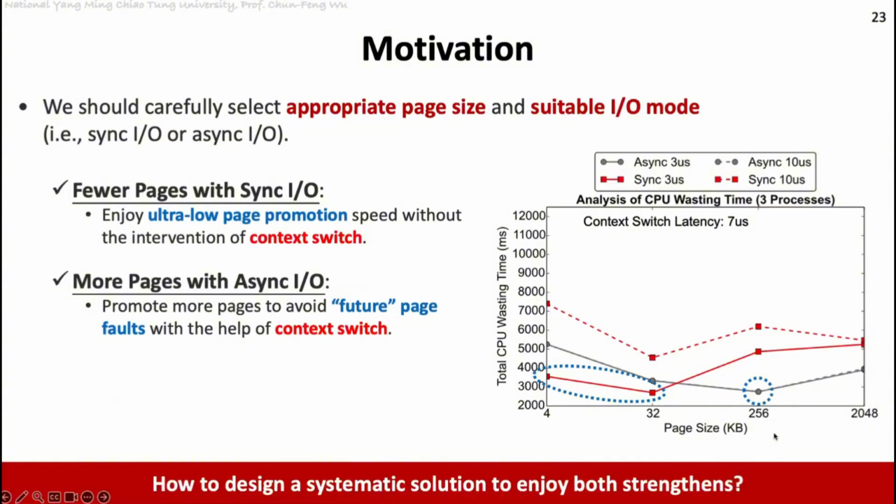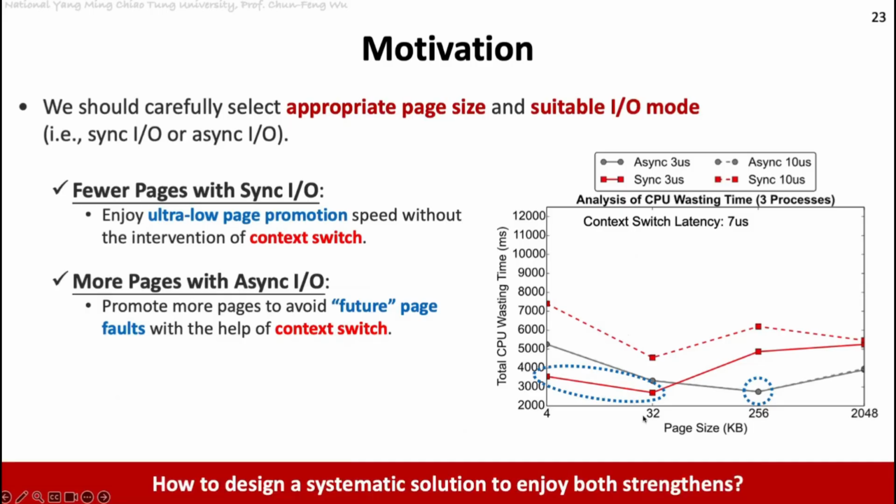So the thing is about how to design a systematic solution to enjoy both strengths. Okay, so here are several challenges. First of all, in the current operating system, if you are using paging, either you pick the 2 megabyte or 1 gigabyte, or go for the regular 4 kilobyte pages. So you usually cannot mix the two together.